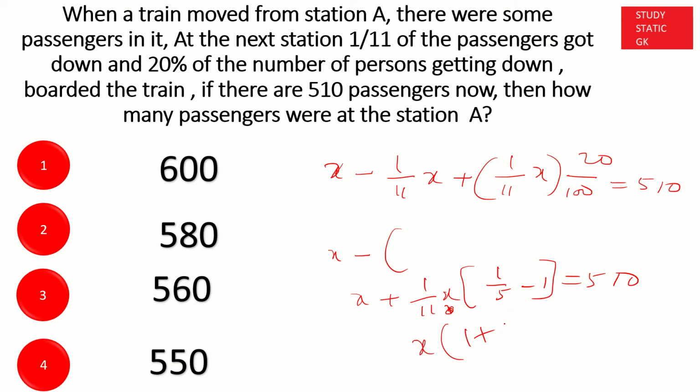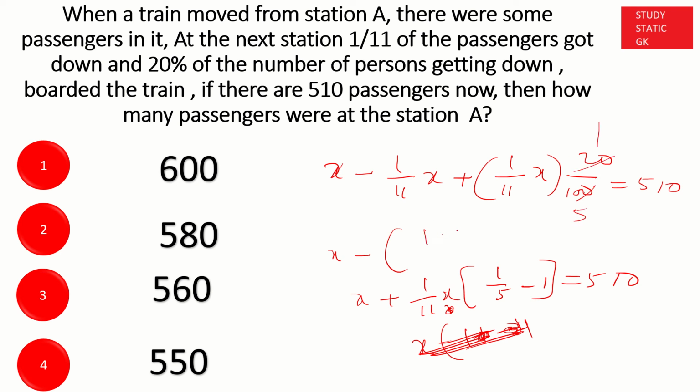Okay, here it is plus, so 1 minus 5 means minus 4, 1 minus 1 by 5, that doesn't mean... one second. Am I writing correct? 1 by 11x plus 20% of this one, so 20 into 5, here it is 5, 25, yeah?